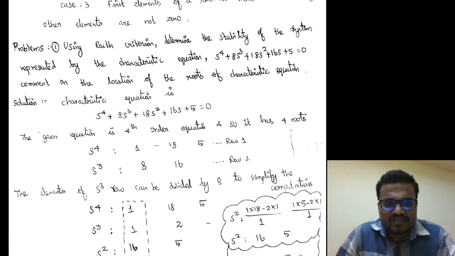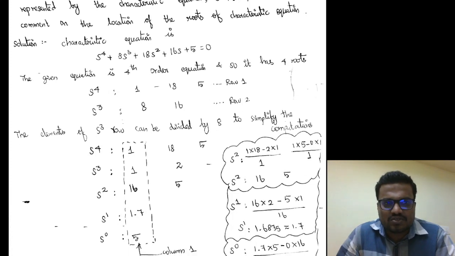The variables are assigned as even and odd. The first row is 1, then 18, then 5, and the odd values are 8 and 16.